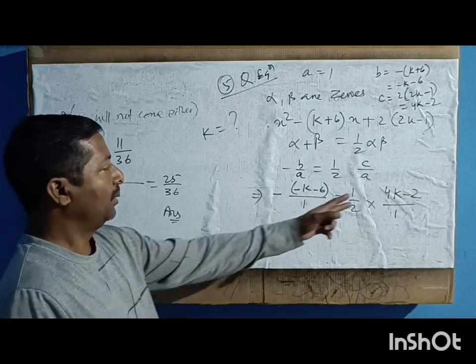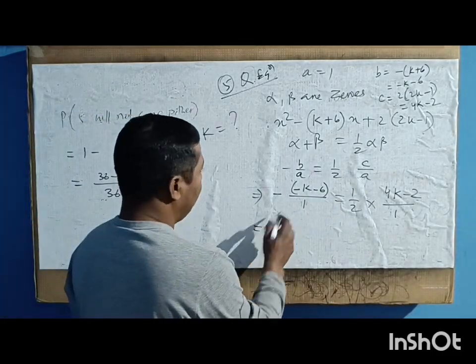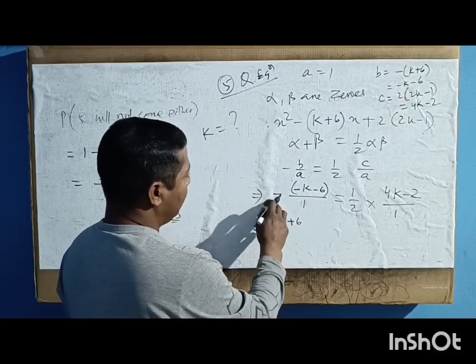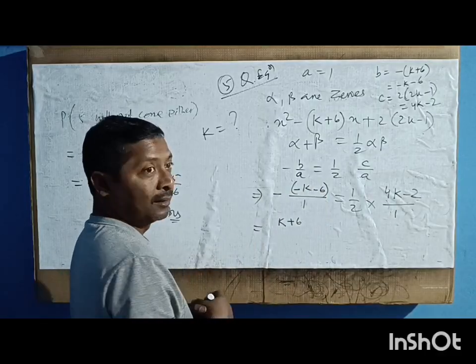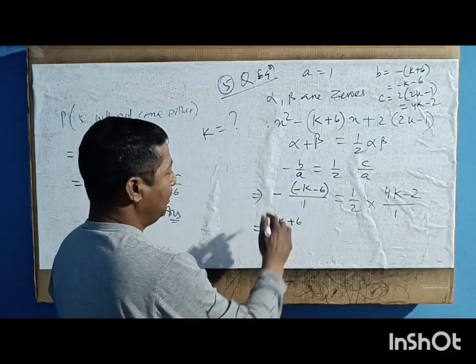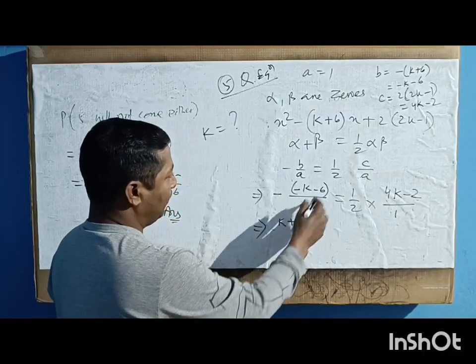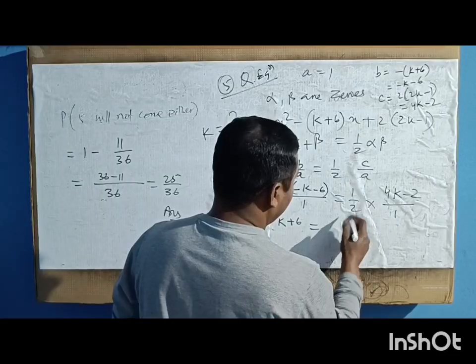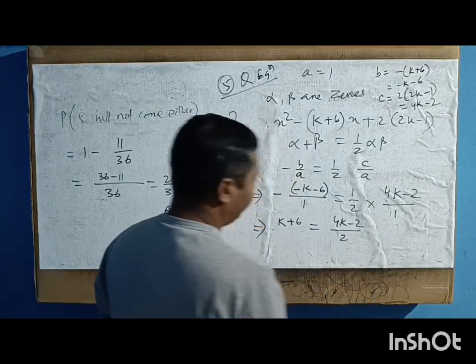We have to simplify this to get the value of k. Because of the other minus sign, the signs reverse, so k plus 6 by 1 means k plus 6 equals half of 4k minus 2.